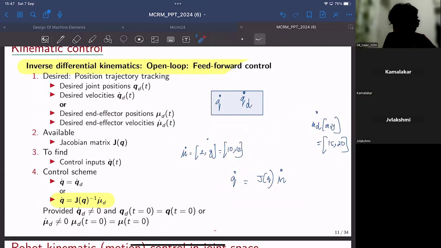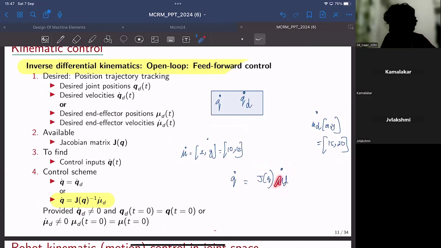But we have the desired positions and we have the desired velocities. So we simply plug into this kinematic equation. We simply substitute mu desired dot instead of this mu dot. We can do that because it still is valid by the law.